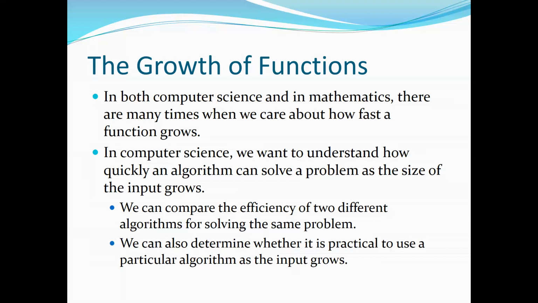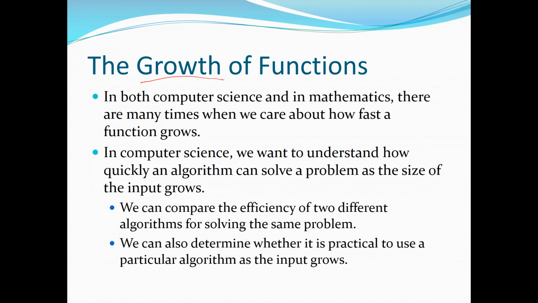When we talk about the growth of the function, I mean the behavior of the function: if I change the number of inputs, how will the function behave, whether it will behave exponentially, whether it will behave linearly, whatever the behavior of the function is, I need to understand that, right?